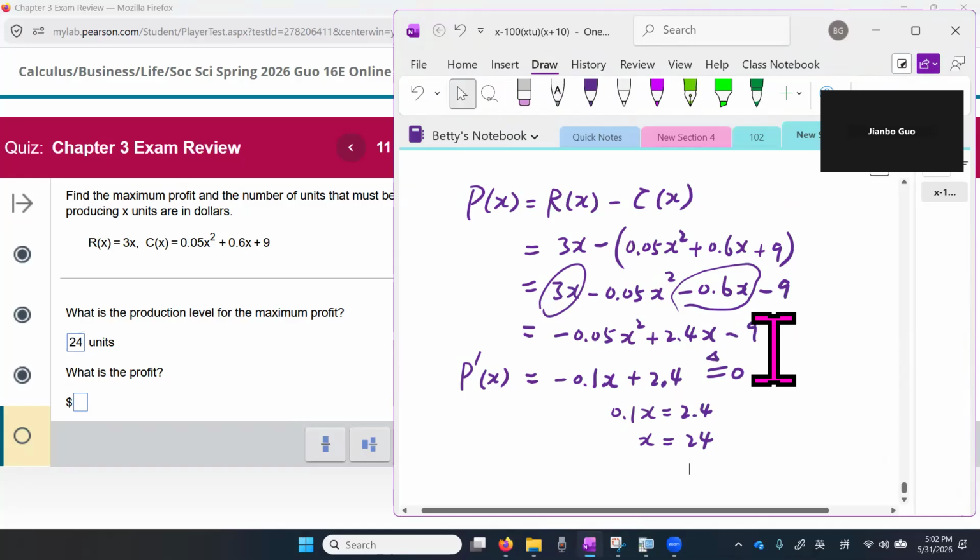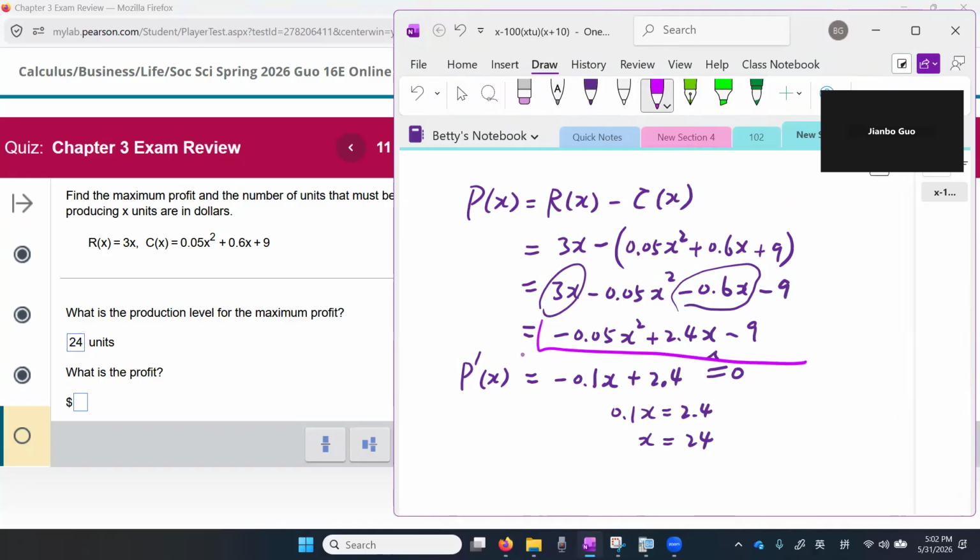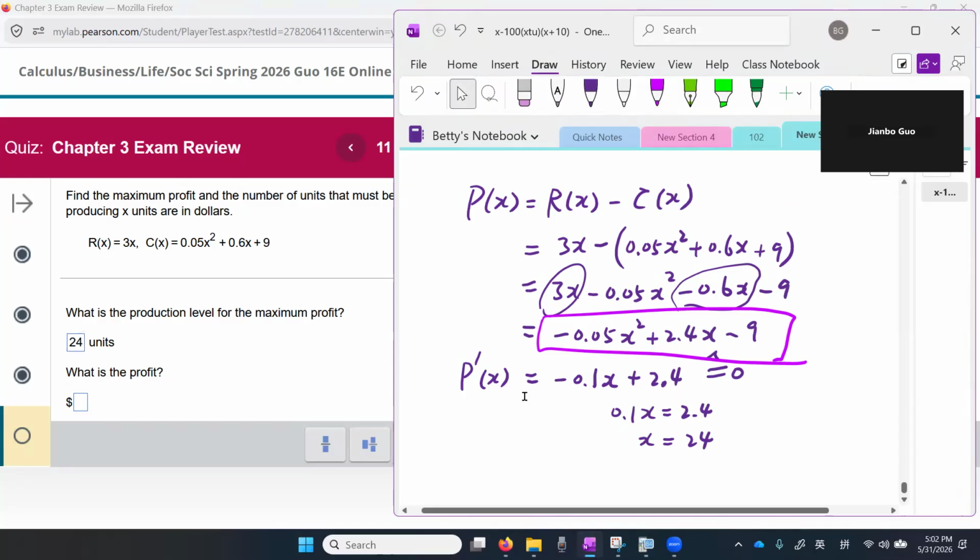So to find the corresponding profit, we would have to plug in here. I'm going to use a calculator.